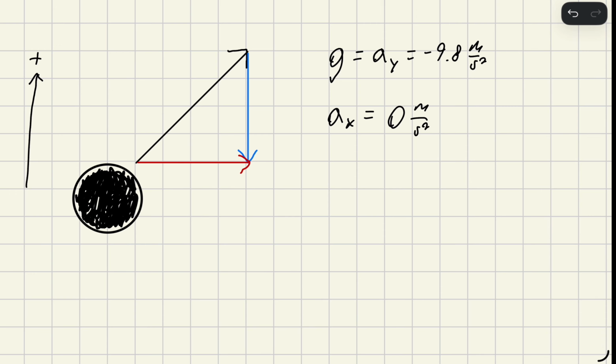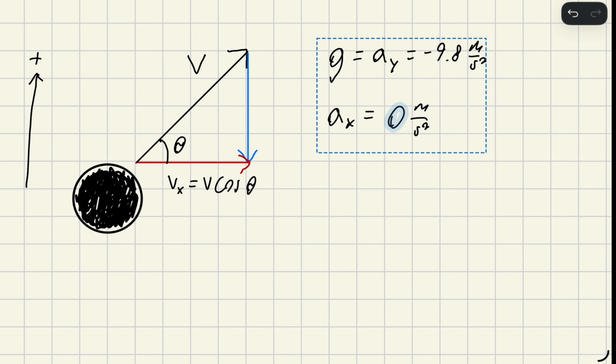So we know that these arrows, the blue and the red one, represent velocity in the x and y direction. If we have a velocity vector, that's the black one, with some magnitude v, and we know the angle to the horizontal theta, then through trigonometry, we know that the component in the x direction, so v sub x, is equal to v cosine theta.